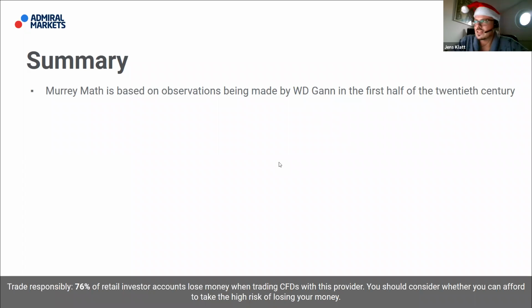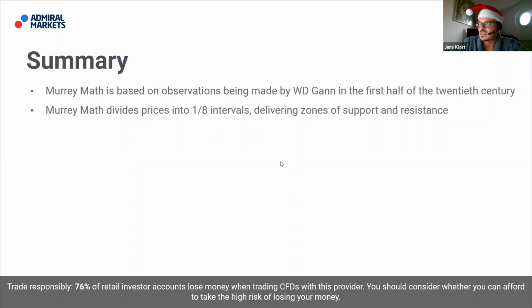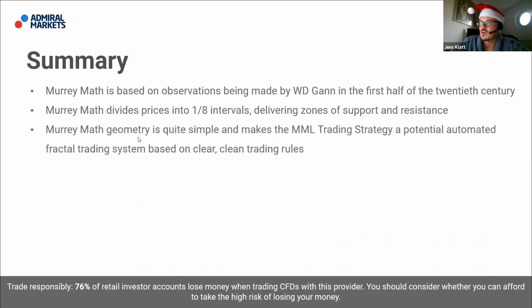Murrey Math is based on observations made by Mr. Gann in the first half of the 20th century, a mathematician, based on geometry. And Murrey Math divides prices, similar to Gann, into 1/8 intervals, delivering zones of support and resistance. Murrey Math geometry is quite simple, which is also something I highly recommend. So don't overcomplicate things in your trading in general.